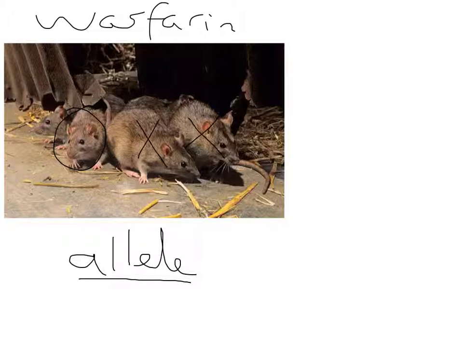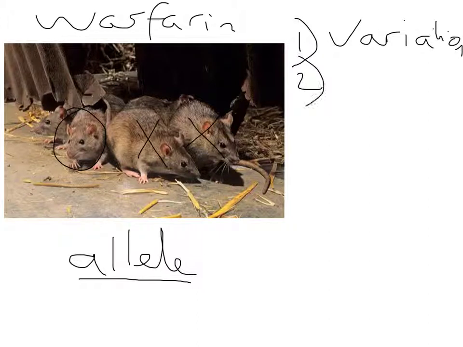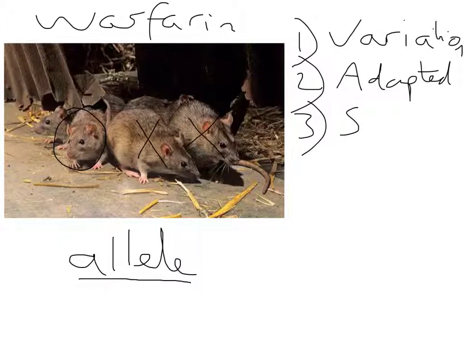So, to summarise: 1. In a population, there is variation. 2. Some are better adapted than others. Therefore, they survive.